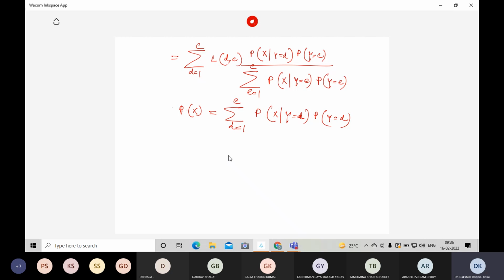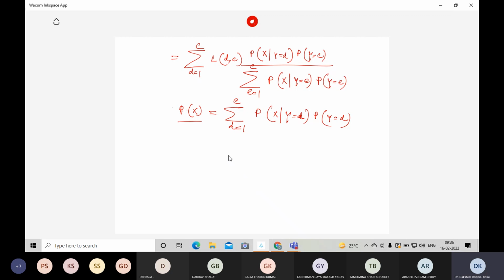So we can say the constant of proportionality is the reciprocal of probability of X, which is given by summation over likelihood and marginal probability.